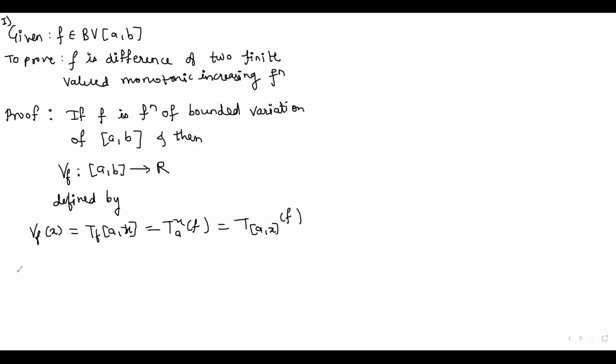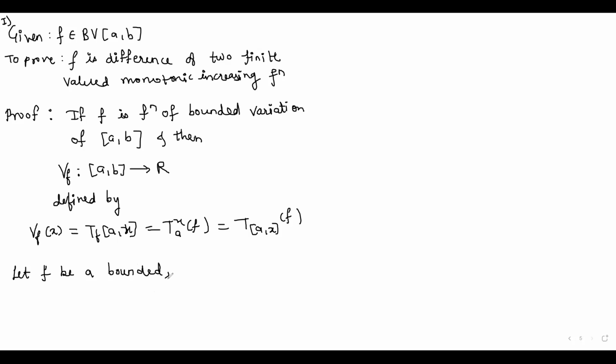Now since f is bounded, this is known as a variation function on AB.